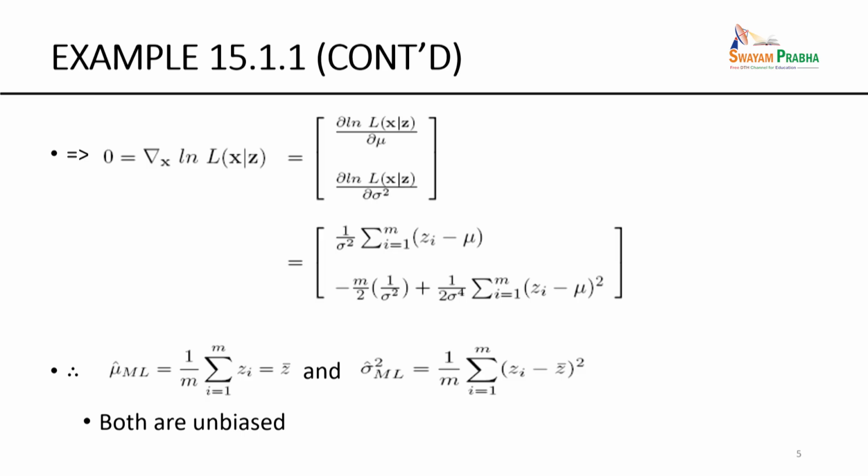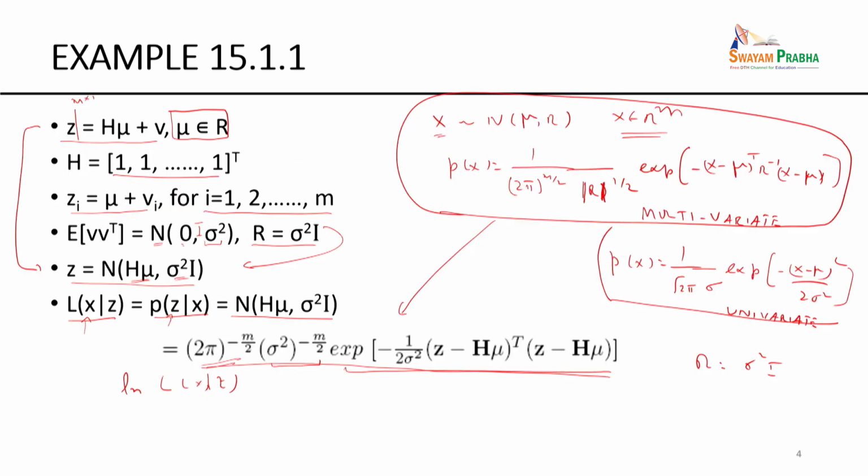I'm going to have to compute the gradient of the natural logarithm of L of x. Please understand, that's quite an arithmetic in here. So let me rewrite this once more. I have L of x of z. From here, I'm going to get the logarithm of L of x of z.